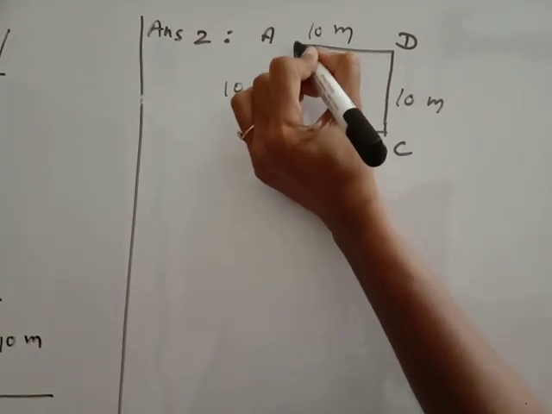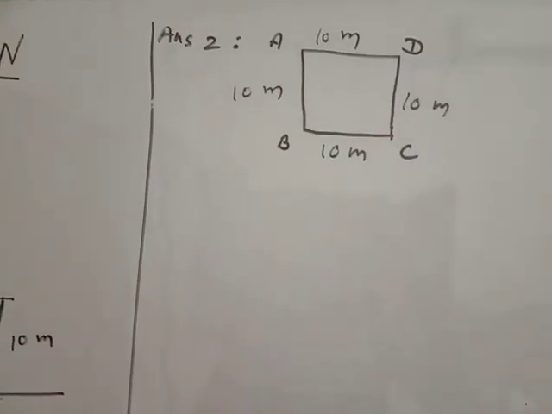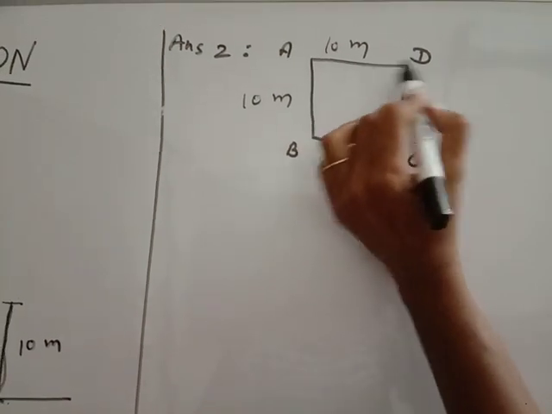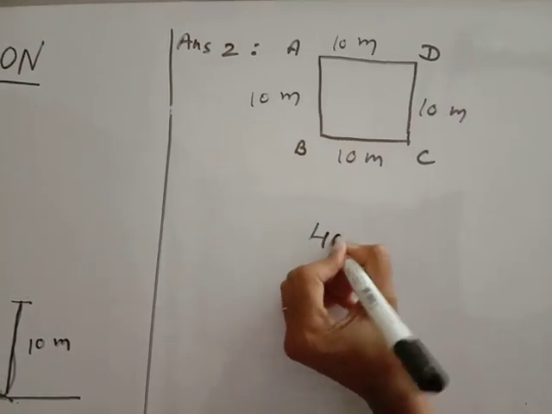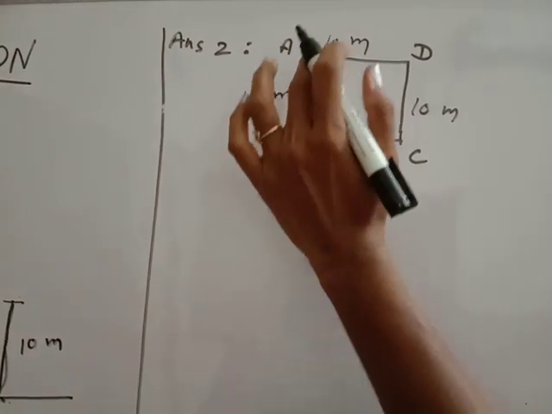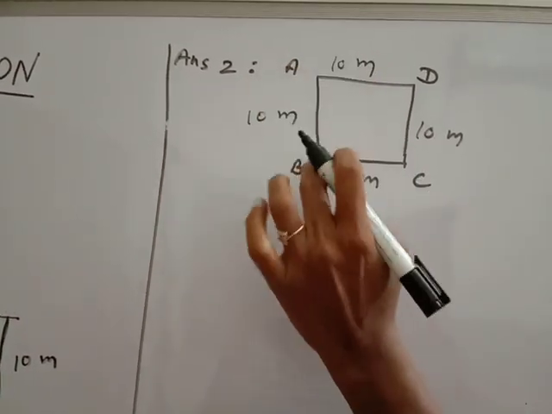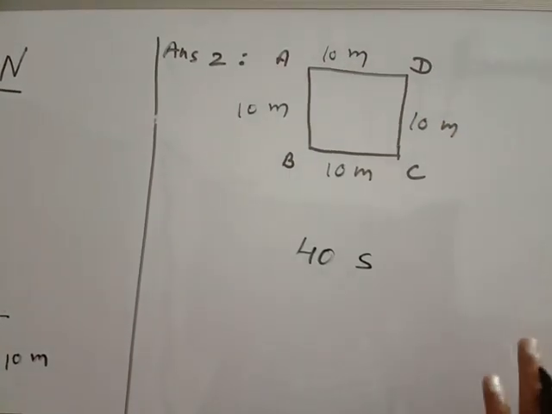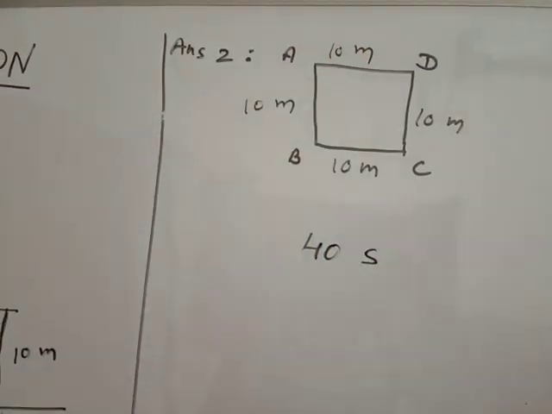Now the question says that a farmer starts walking from A and covers this entire boundary in 40 seconds. That means it takes 10 seconds to complete 10 meter, and again 10, 10, 10. So he takes 40 seconds to complete the whole boundary.